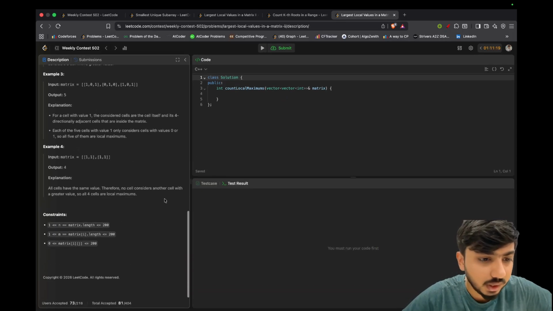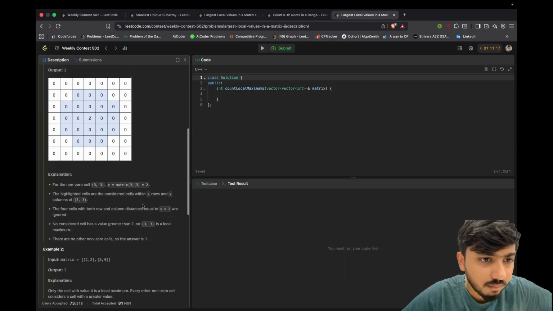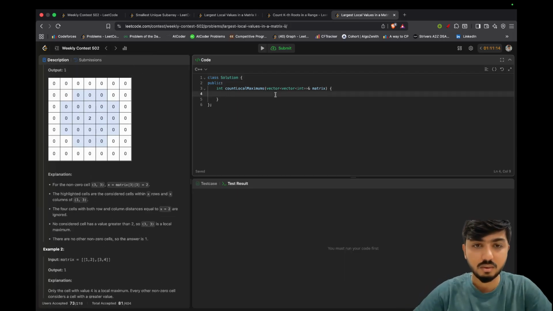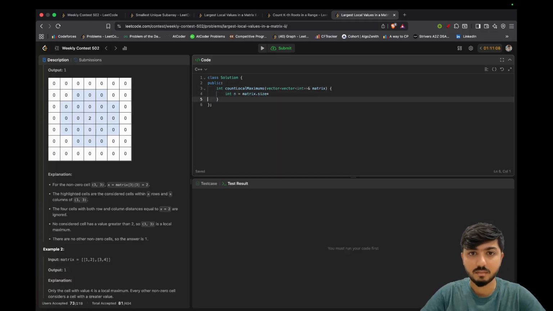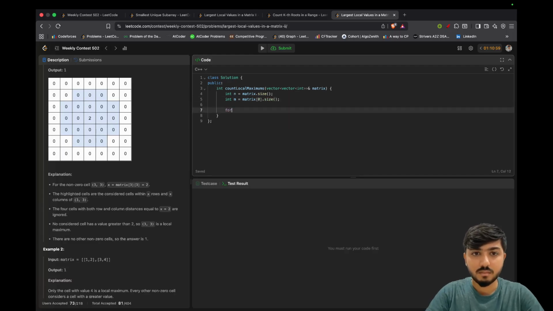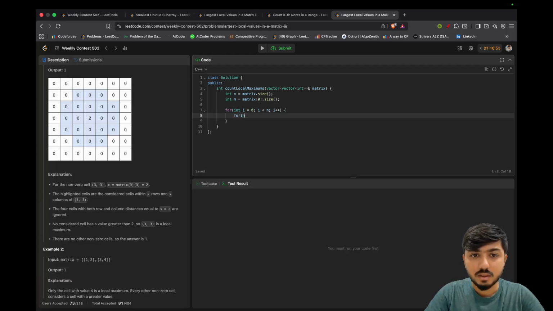It's brute force, right? Let's start coding this. For i equal to 0, i less than n, i plus plus, and j equal to 0, j less than n, j plus plus.